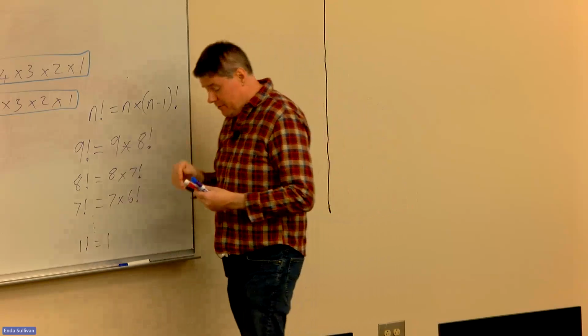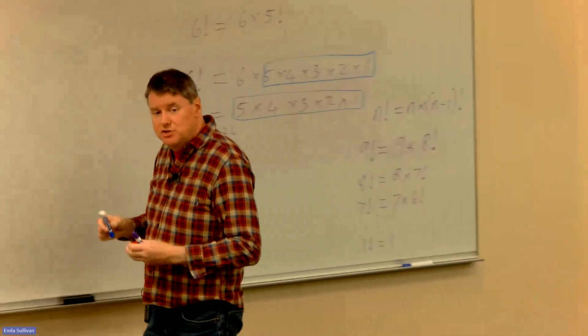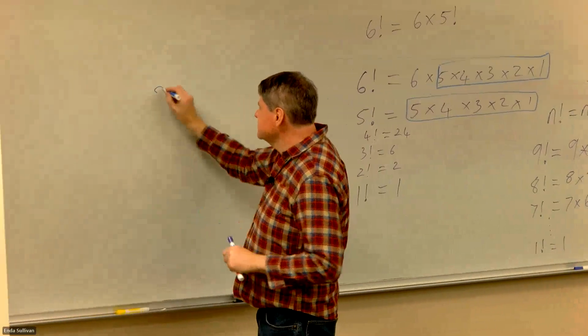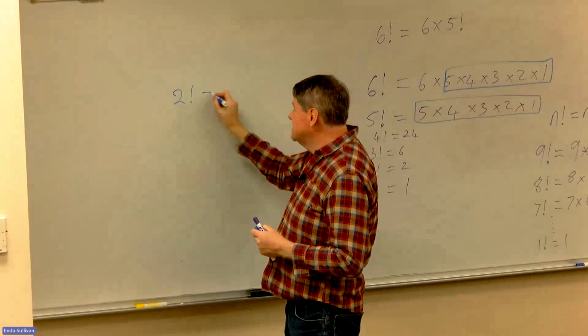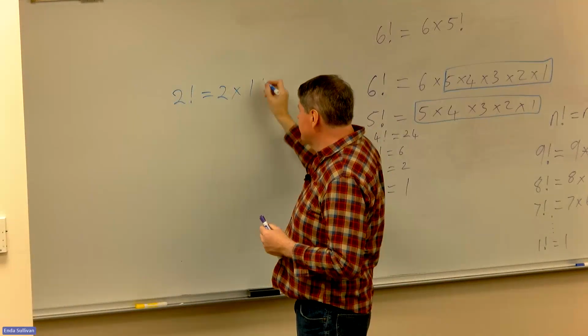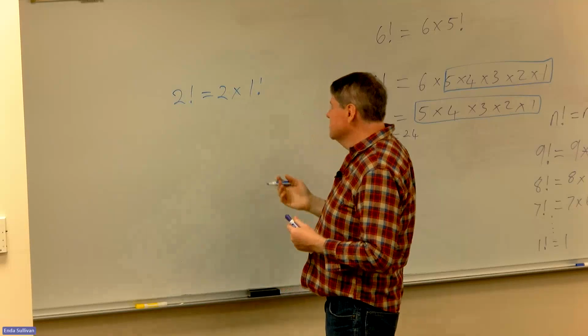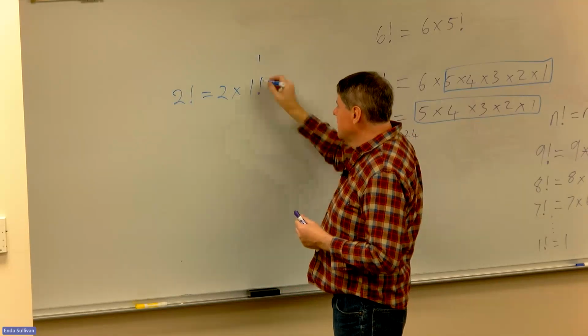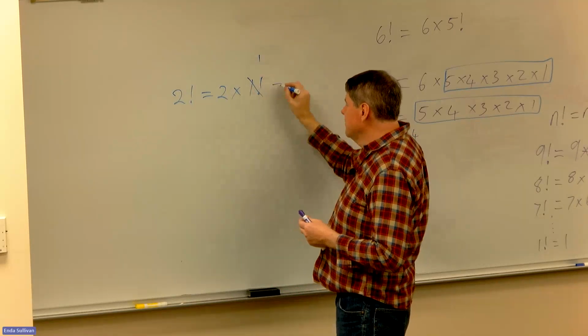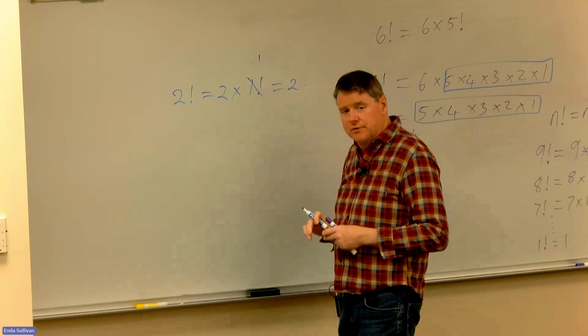So, for example, if I ask you what is 2 factorial, according to our definition, it's equal to 2 times 1 factorial. And it turns out that I already know what the answer to 1 factorial is, that's just 1. And so once I cross it out and put a 1 there, I get that the answer is 2.